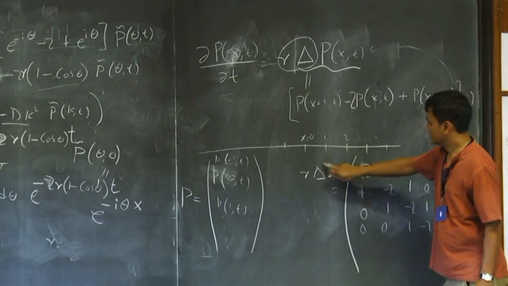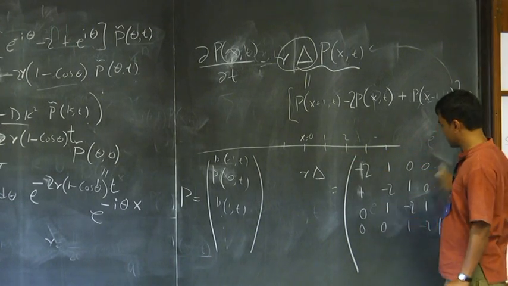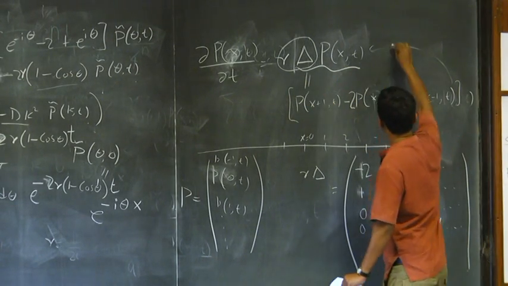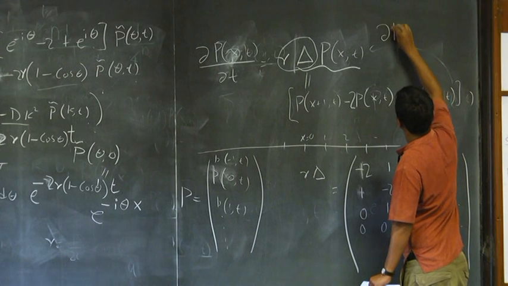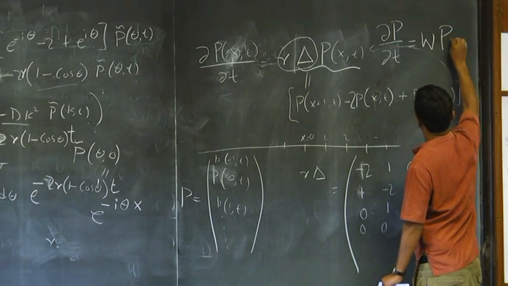So this object R delta is basically a matrix like this. And this equation you can just write as del P del t equals W P, right.